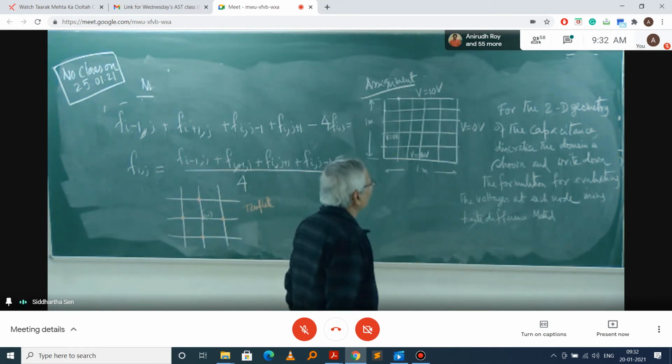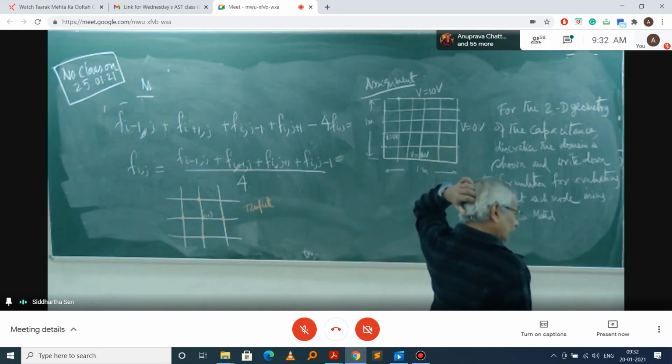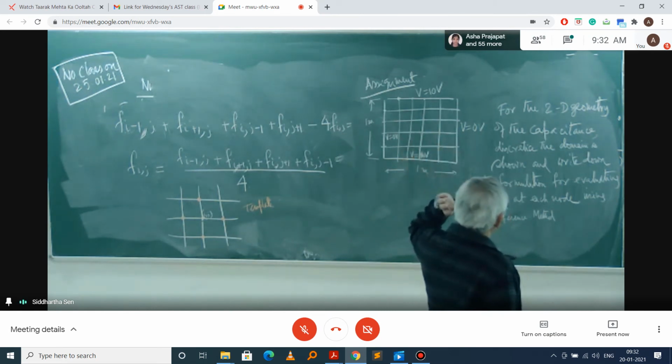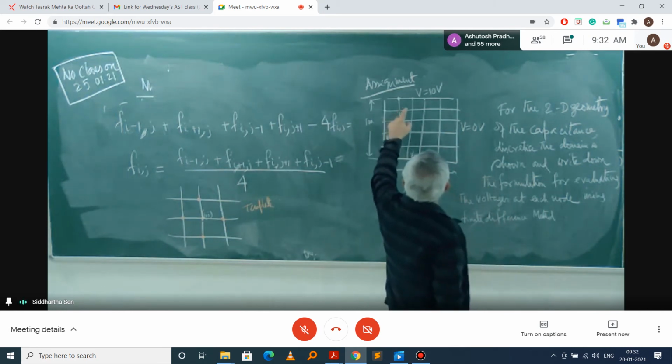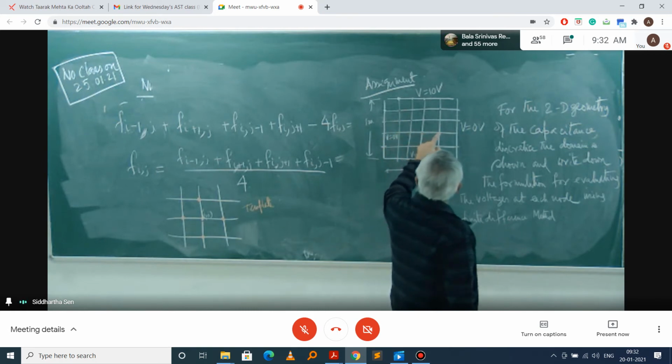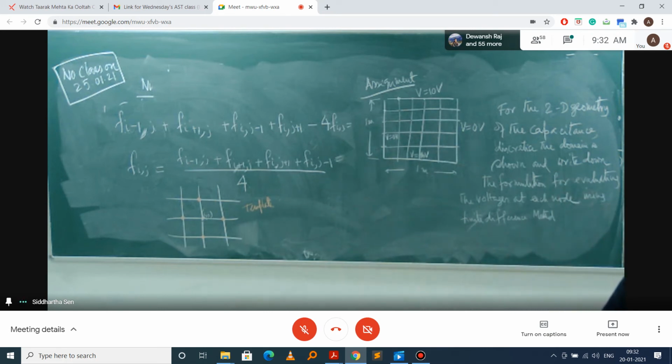So we'll have to do it this way, but I think this is a simpler way. You can also try to formulate what the known values and unknown values are. So suppose here it is 1, 2, 3, 4, 5, 6, 7, 8, 9, 10, 11, 12, 16 nodes are there. You need to find out what the values are there.